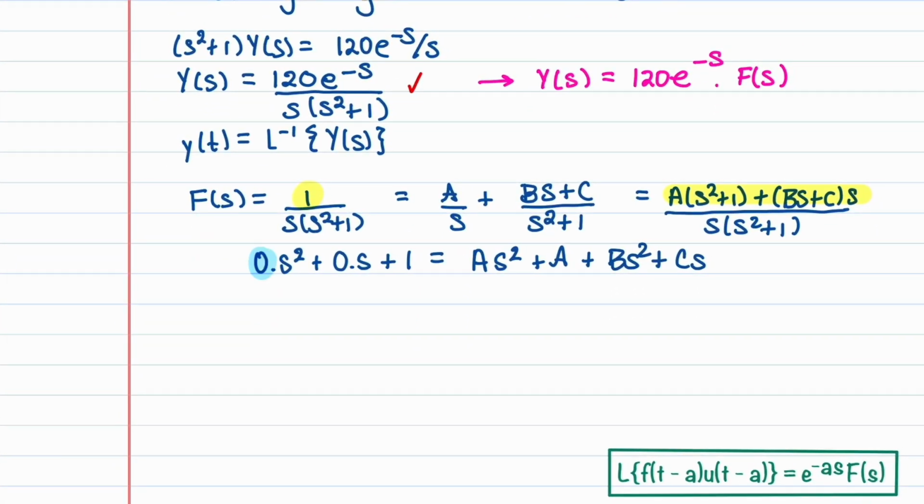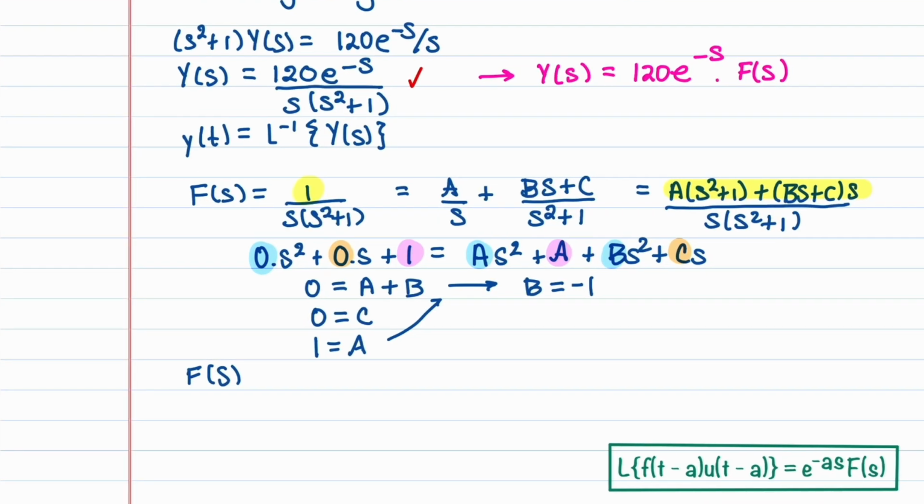Our 0 is then a plus b. Our 0 times s is c times s, so we can say that 0 is equal to c. And then we have our constants, and we have 1 equal to a. That's nice. So that tells us up here that b is minus 1. This gives us capital F of s is equal to 1 over s minus s all over s squared plus 1.